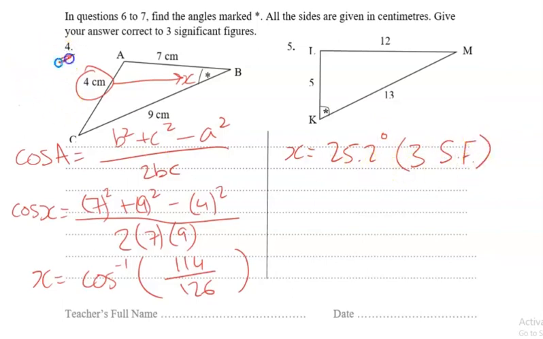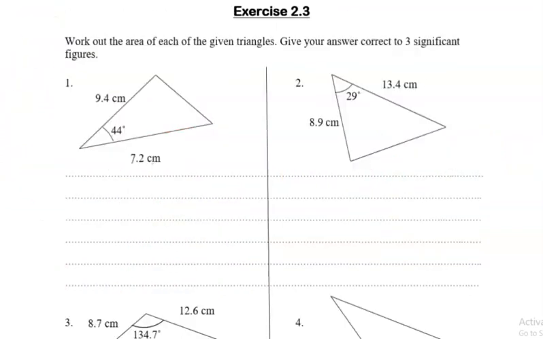Now this is for question 4. Exercise 2.3. We're going to be learning how to work out the area of a non-right angled triangle. So the first thing we need to know is the formula. Area equals 1/2 times AB sine C. Now to understand what the formula is saying, we need to look at the triangle.